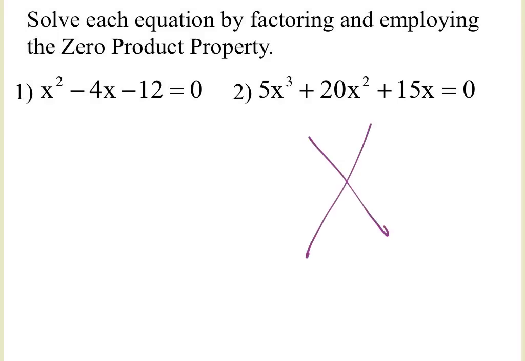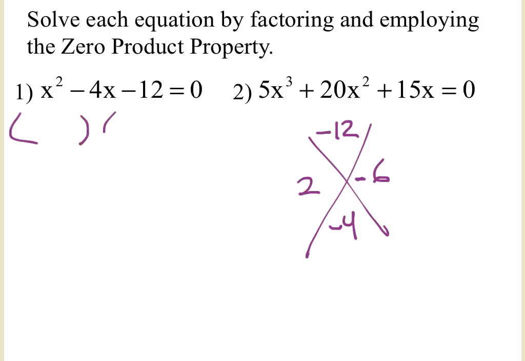I use my x marks the spot: what multiplies to negative 12 and adds to negative 4? I believe it's 6 and 2. To keep that negative, I'm going to need to make my 6 negative.